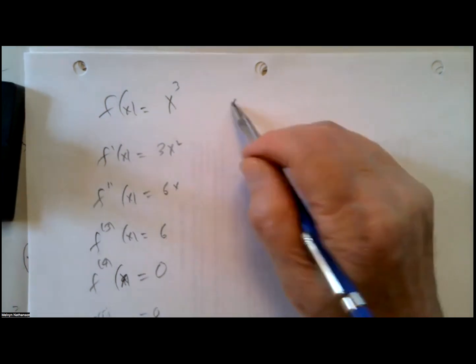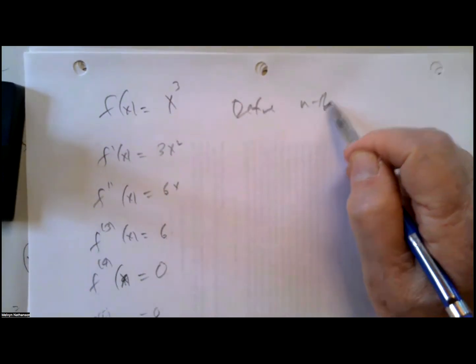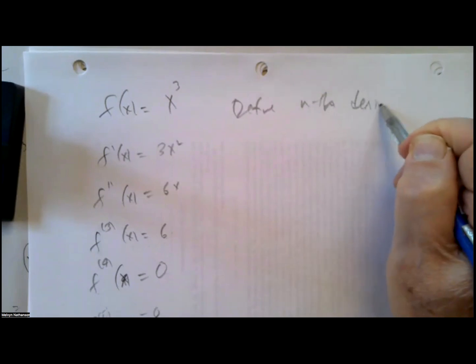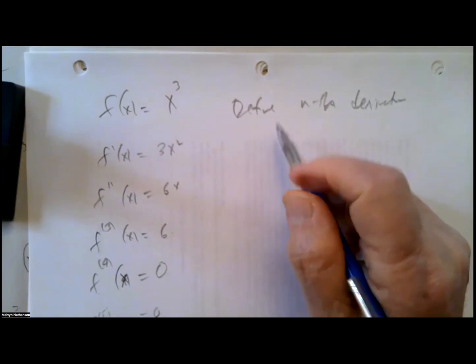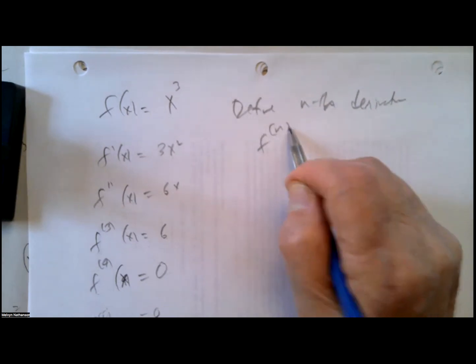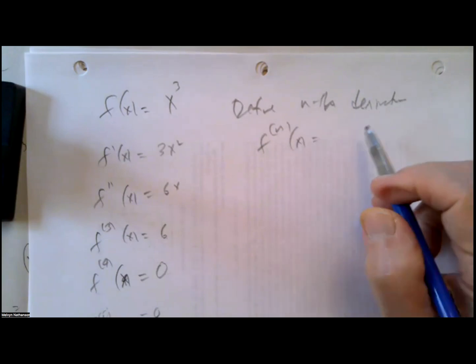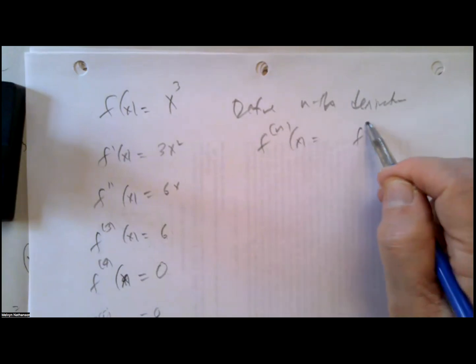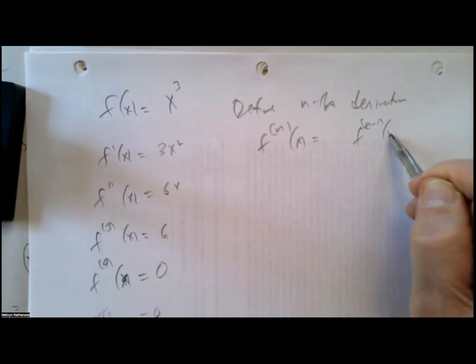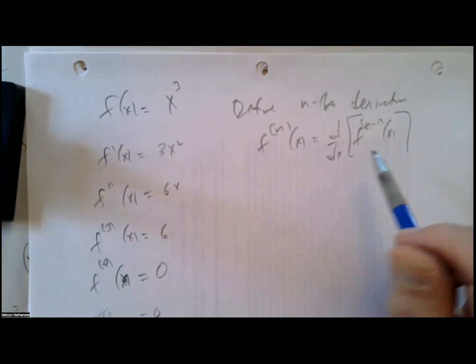So in general, we can define the nth derivative of a function. I can write f^(n) like this. This means nth derivative. The way you get the nth derivative is to calculate the n minus first derivative and then differentiate that.